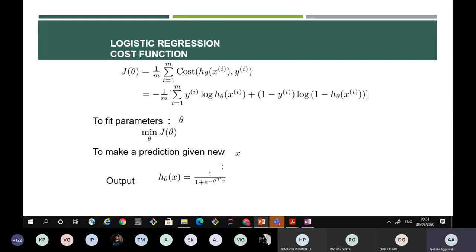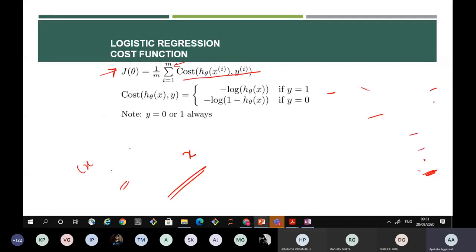So let us stop over here, and this is the final. Whenever you put this whole cost function in this equation, you will get something like this. So this is the final answer. So here your logistic regression gets completed. So this is the final equation.